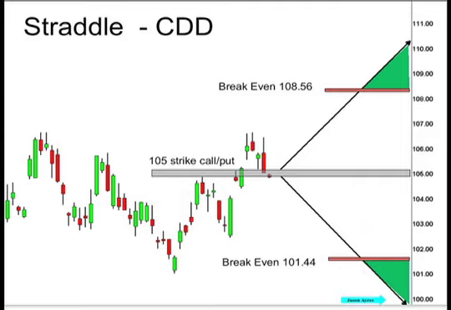Now, what we have to recognize, of course, is that I've illustrated the profitability of this transaction based on expiration. But what I want you to recognize is that if a move to the upside is underway immediately, understand that the rate of profitability will be accelerated on the call side.